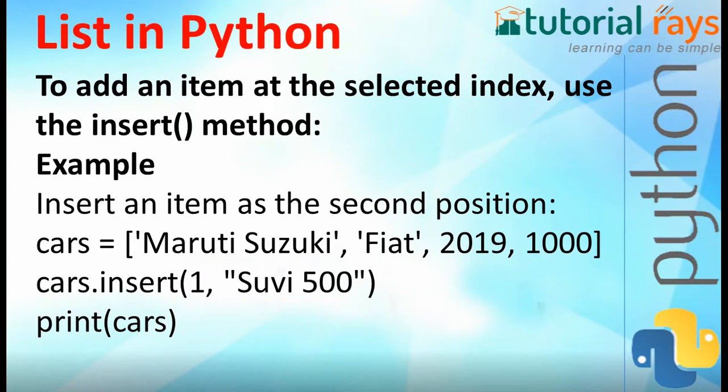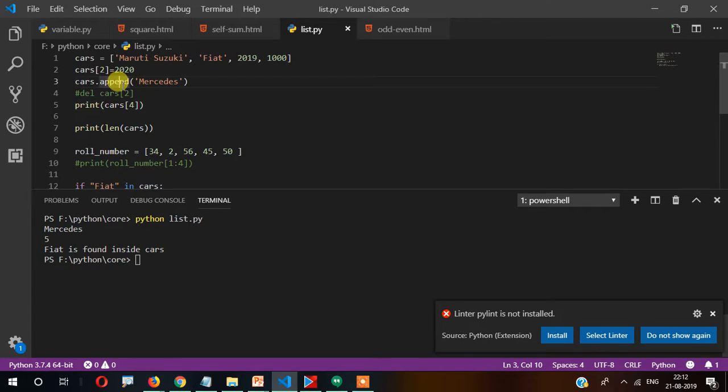So here cars, then this time it will be insert, and then here you need to pass the index. For example, I'm passing here 1, and now at index 1, if you check the list, then you will see here Mercedes.